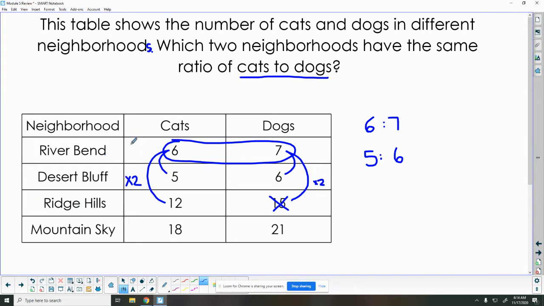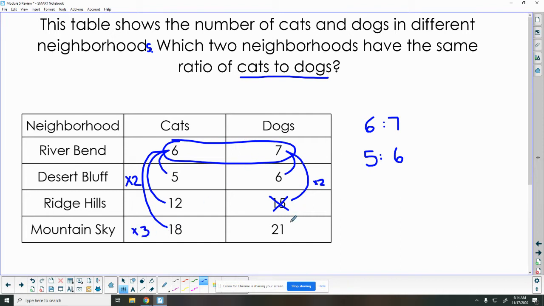So I want you to pause the video and see if you can find the two neighborhoods that are equivalent, that do the same thing to get from cats and the same thing to get to dogs on both sides. So I'm going to try this next one here. Cats in Riverbend to Mountain Sky, 6 to 18 is times by 3.